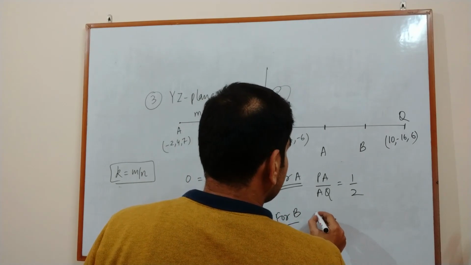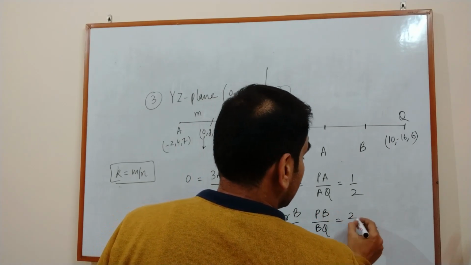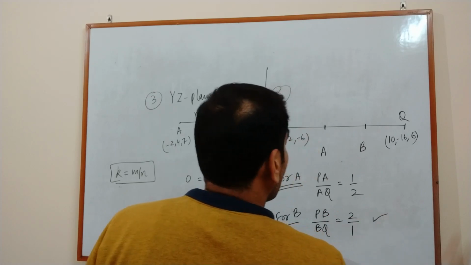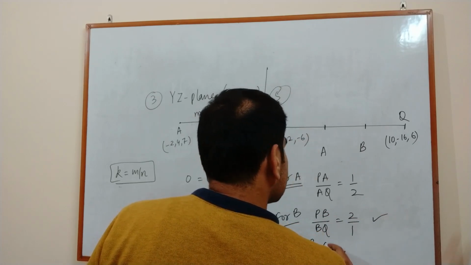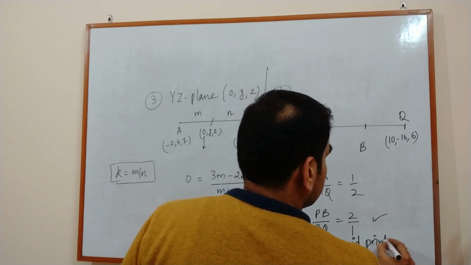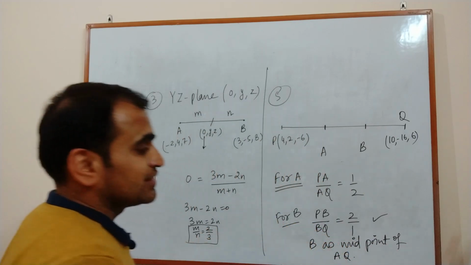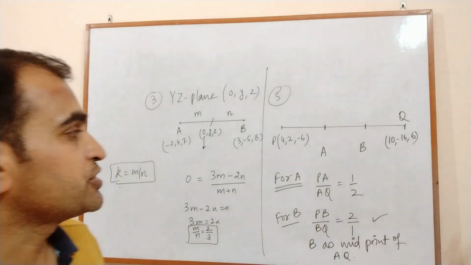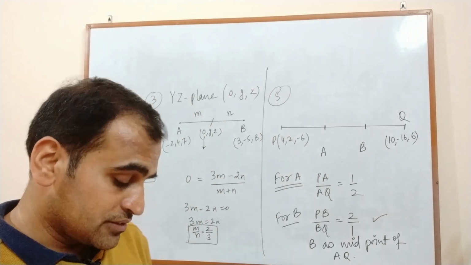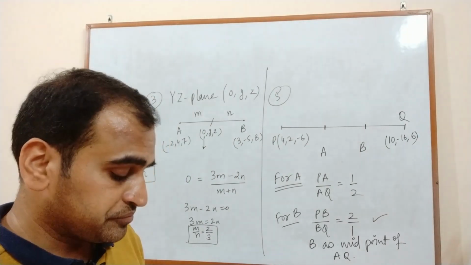Either you can take PB upon BQ as 2:1, so this is one way, or you can take B as the midpoint of AQ. So this is another way. You can find the solution in both ways, and you will get the same answer. Okay, so this is about exercise 12.3.